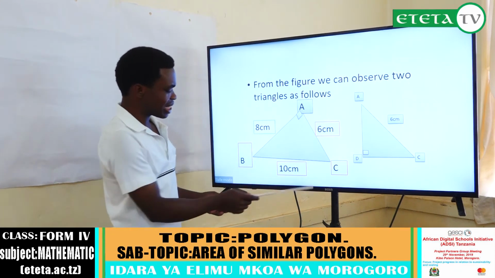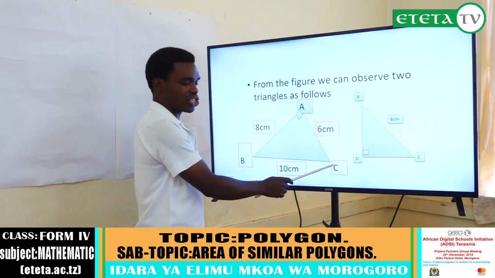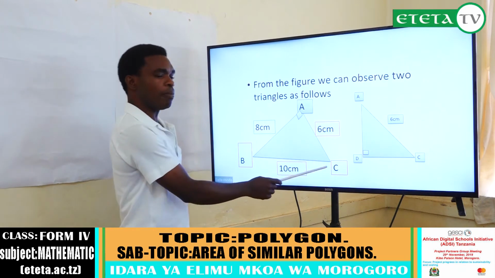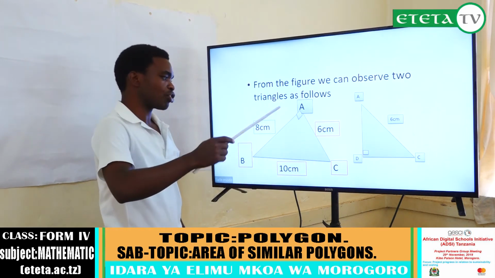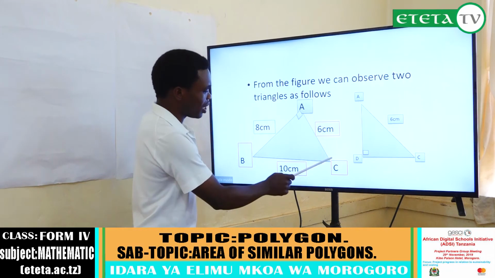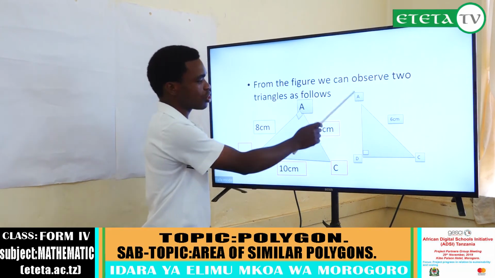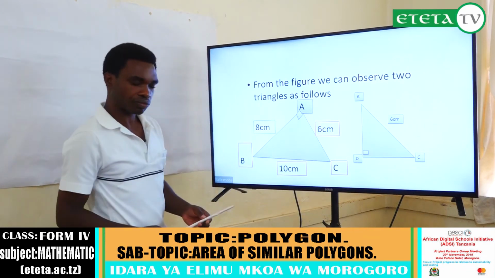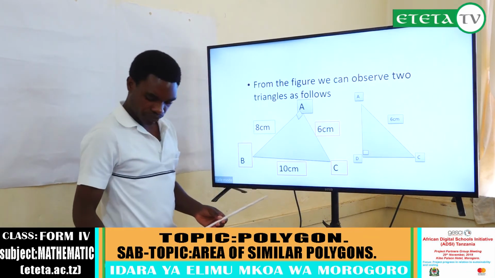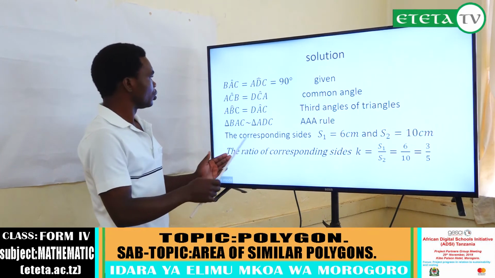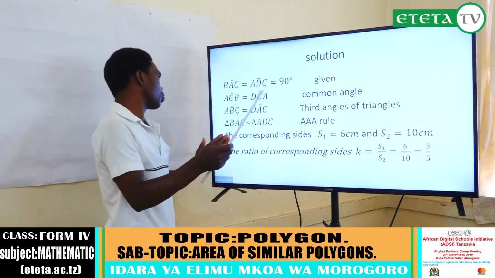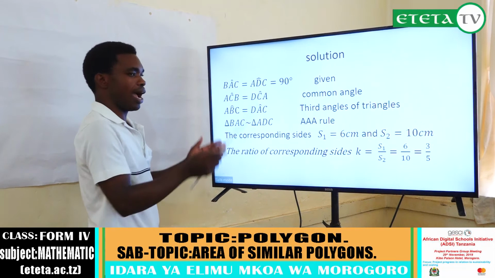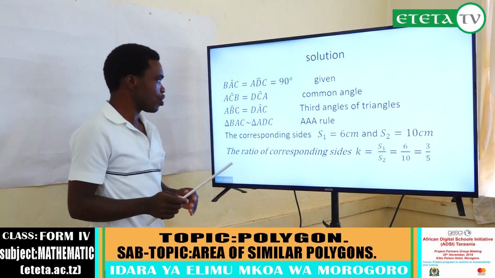But as we discussed, this vertex C is common. It is formed by both triangles. In this triangle we have vertex C, but also in this triangle we have vertex C. So we have to verify whether they are similar or not.